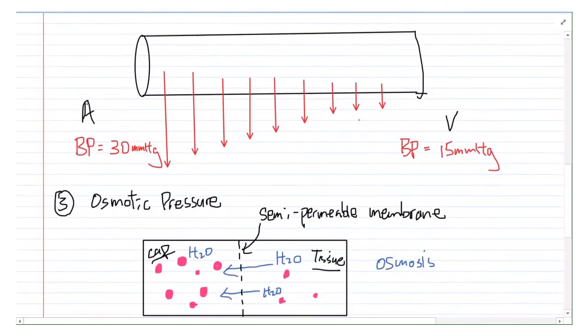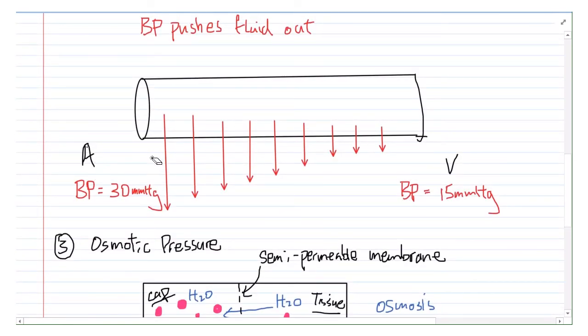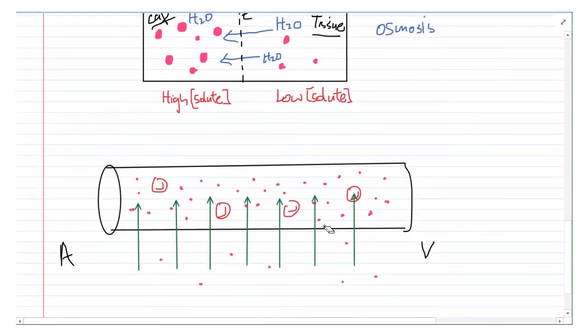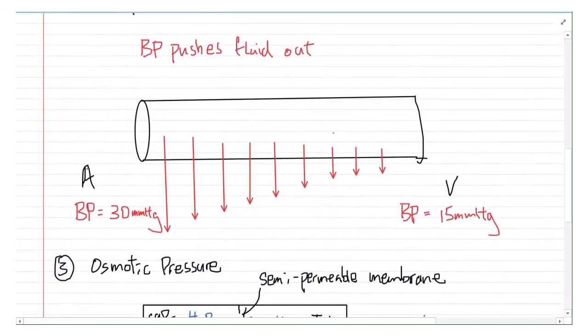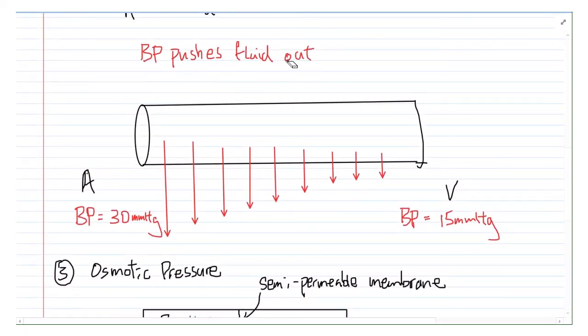So this is very different than the blood pressure. As you go from the arterial side to the venous side, blood pressure tends to decrease. However, osmotic pressure remains unchanged. So osmotic pressure, OP rather, sorry, will draw fluid into the capillary, as opposed to blood pressure, which is going to be pushing fluid out of the capillary.